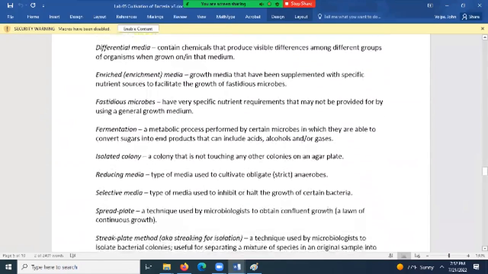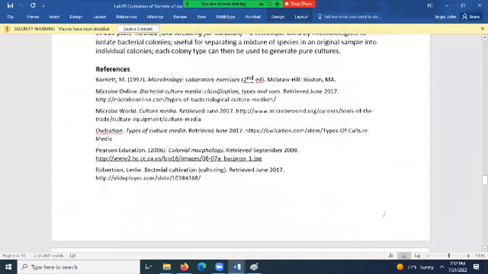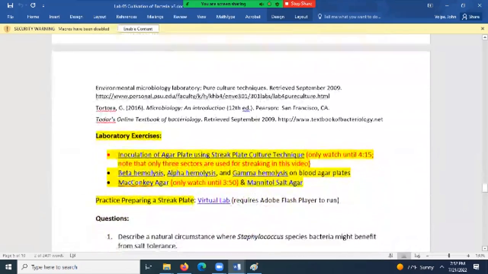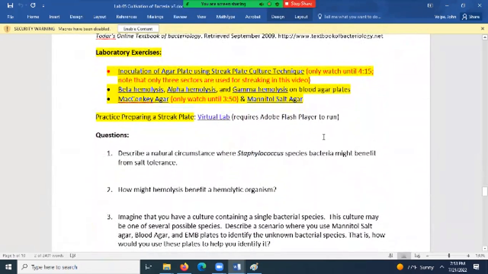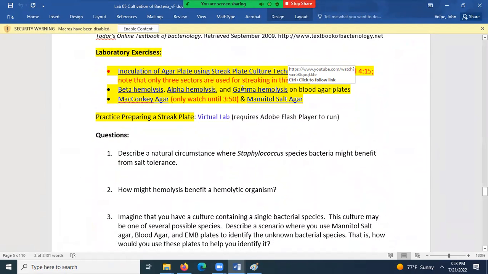So know the terms. And then go through the lab. There's a video to watch on inoculation of an agar plate using streak plate culture technique. Only watch to about 4 minutes and 15 seconds, because those are the only parts of the video you need to watch. Note that in this video, they're using 3 sectors instead of 4.